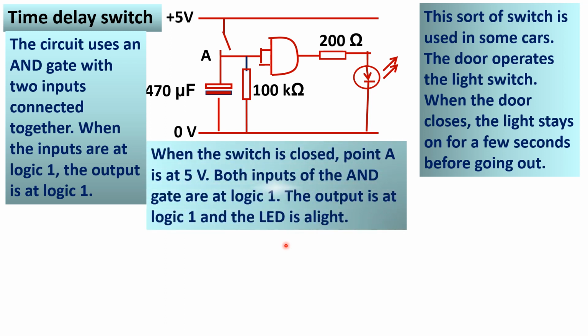When the switch is closed, meaning the door is not yet closed, the switch is still closed, making point A in the diagram at 5 volts. So both inputs of the AND gate will be at logic 1.